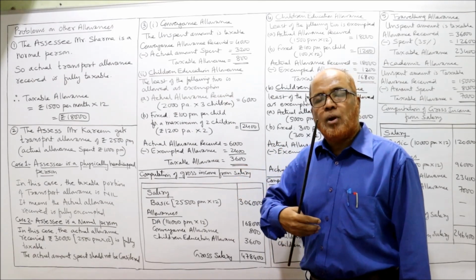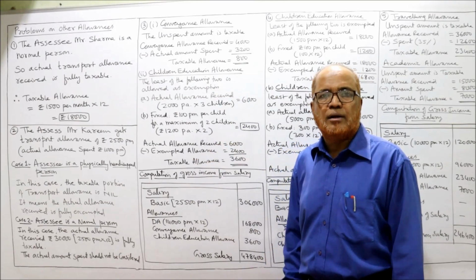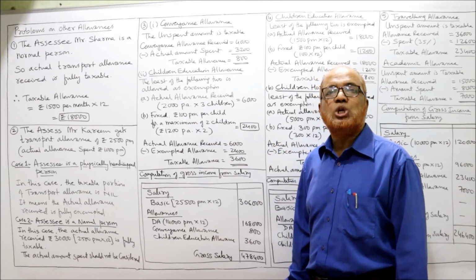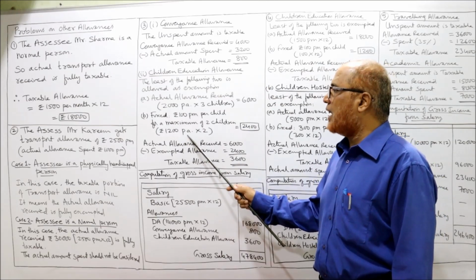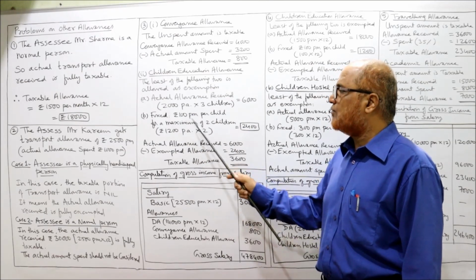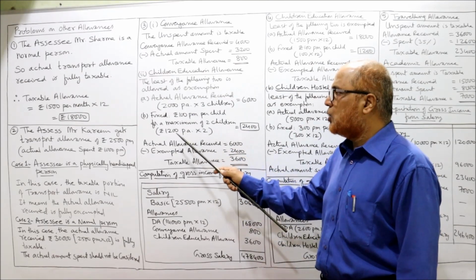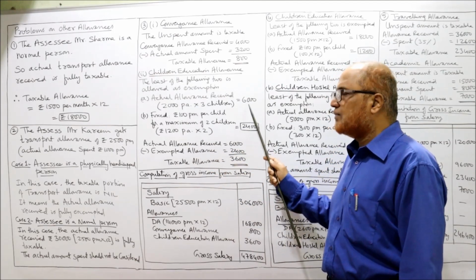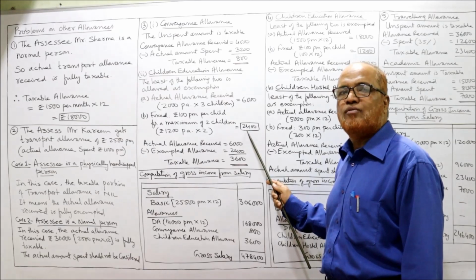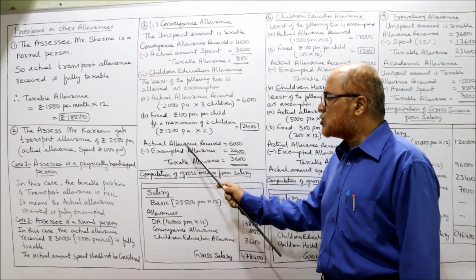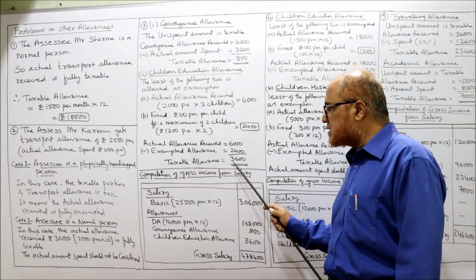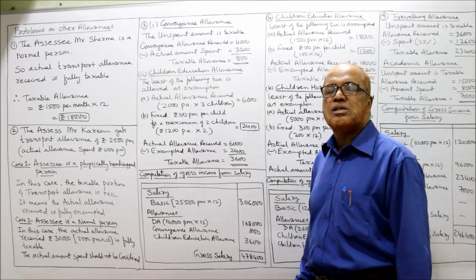The employer may give for any number of children, but the Act restricts it to 2 children. So 1,200 into 2 is 2,400. The least of these 2 is exempted. So 2,400 is exempted out of 6,000 received, and the taxable amount is 3,600.